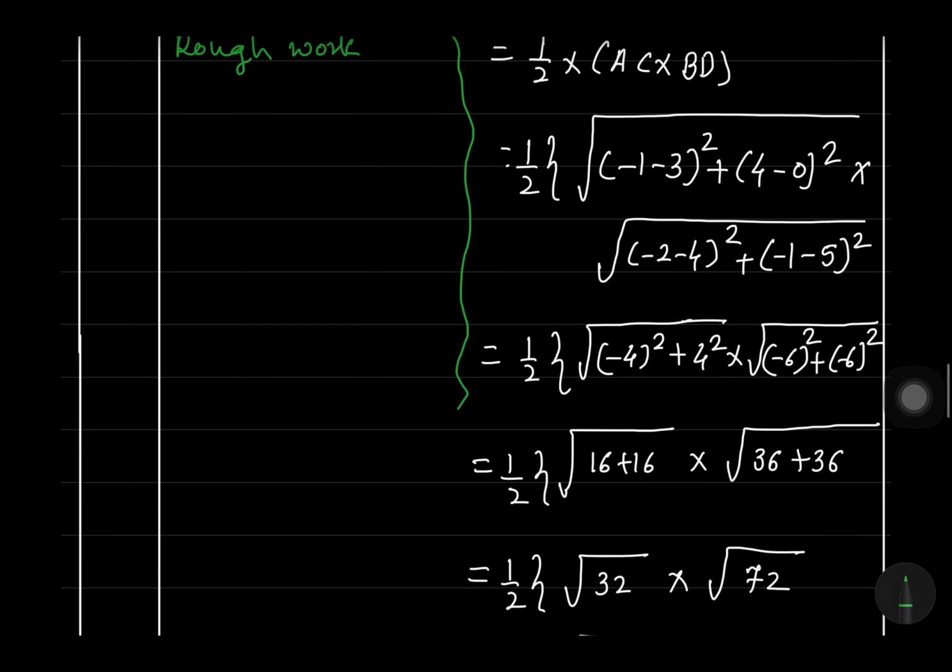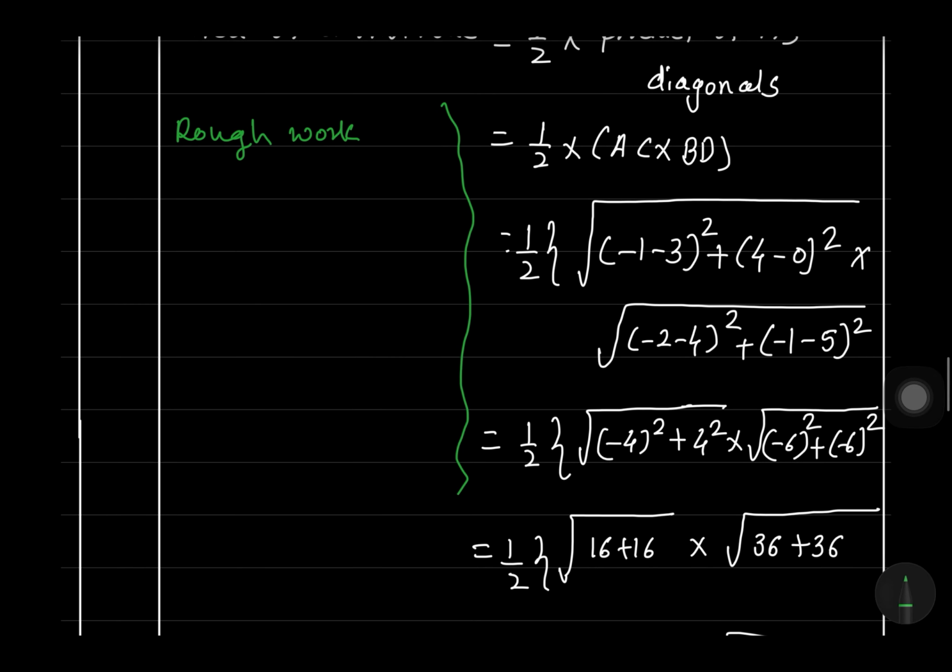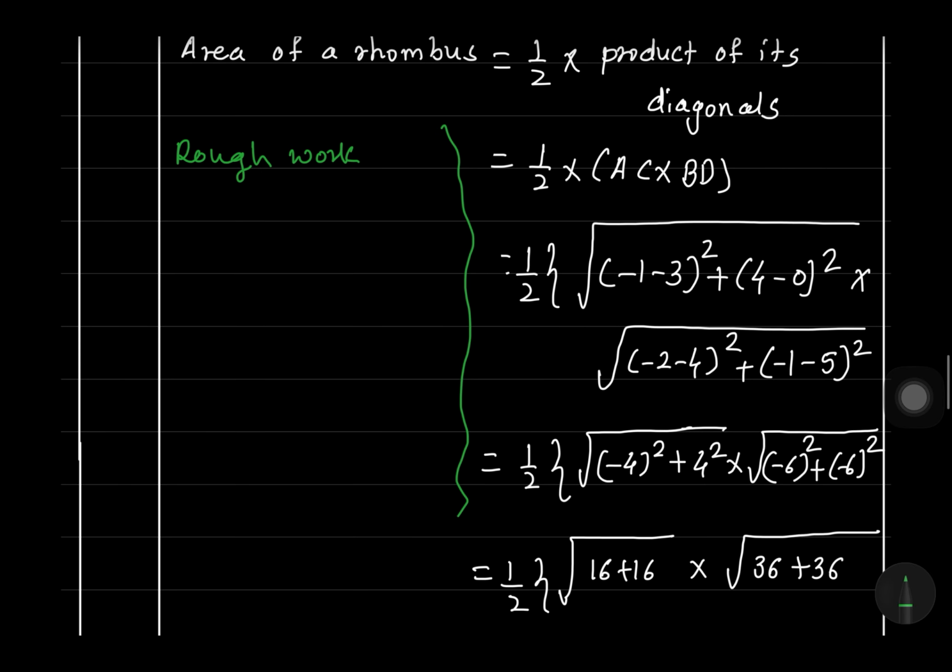We have to use the distance formula for AC and BD. For AC we use the distance formula, and then again for BD we have to find the distance. Now what is the distance formula?